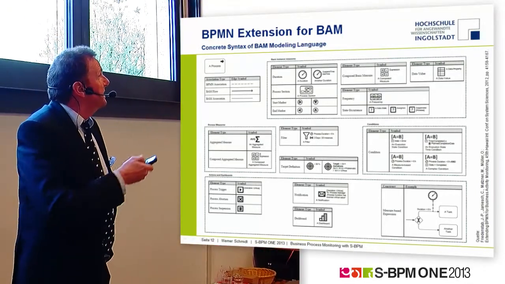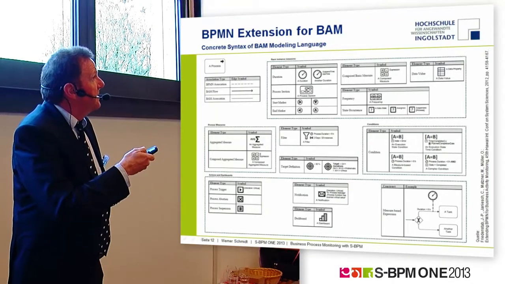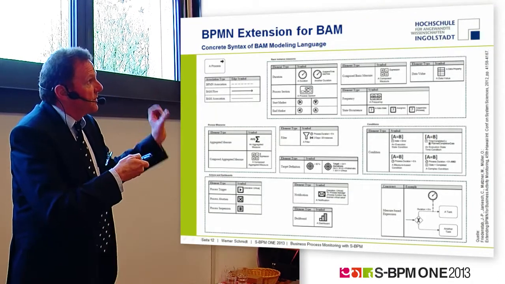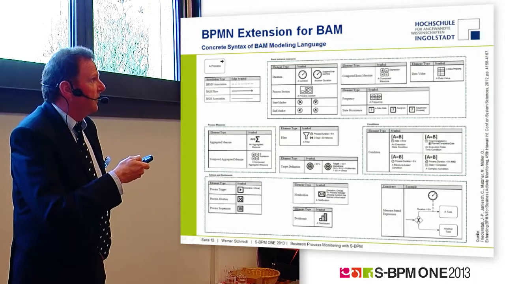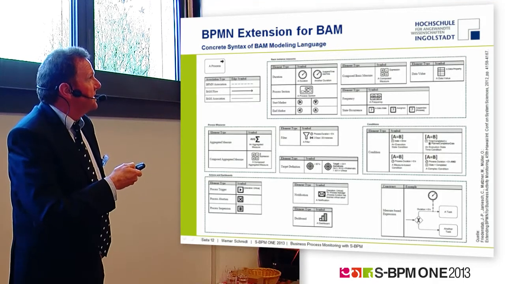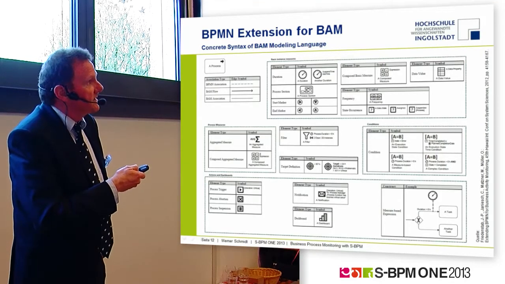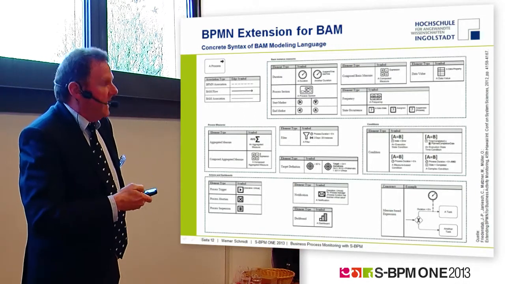Just an example here, duration is expressed by this little clock, or the start markers for this process section with these things we know from a remote control for a video recorder, for example. Or if we look at process measures, an aggregated measure with a sum symbol, an average, and so on.